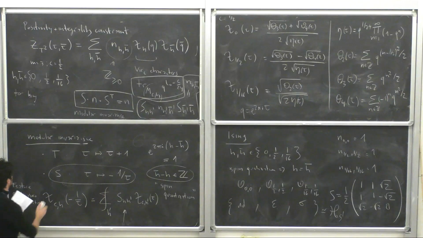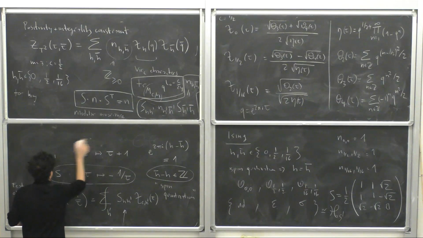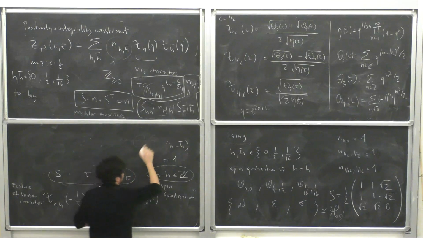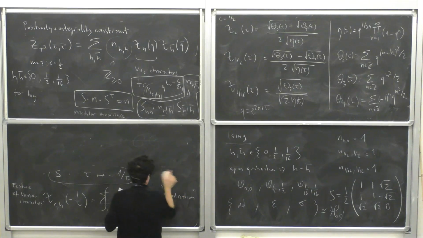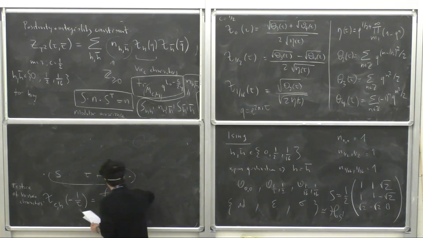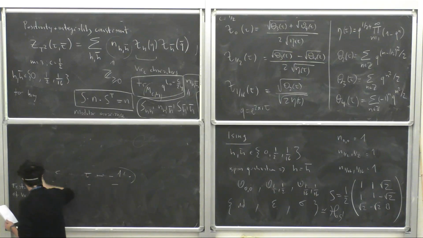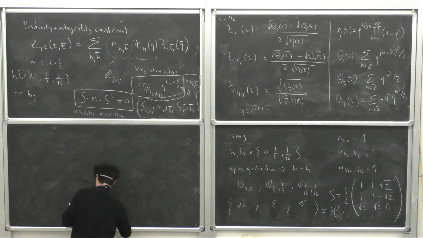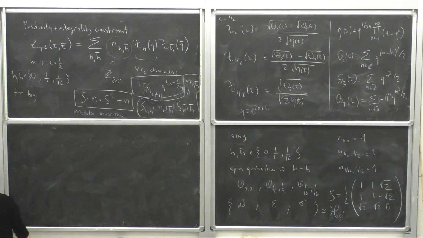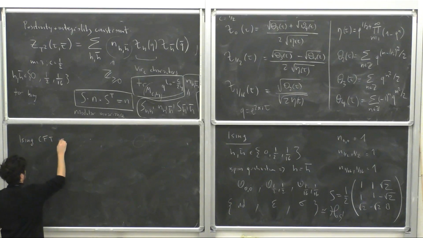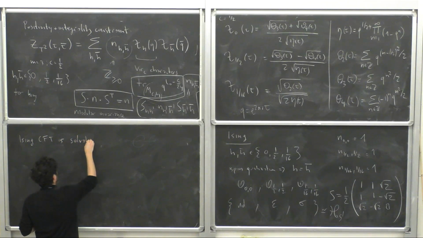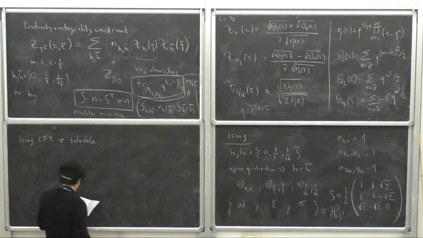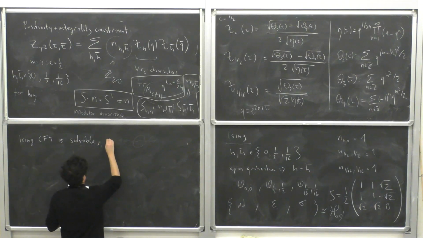Now, the Ising CFT is also exactly solvable. I showed you how to determine the spectrum using unitarity and modular covariance, modular invariance. But the Ising CFT is completely solvable, and one can calculate all the correlation functions.